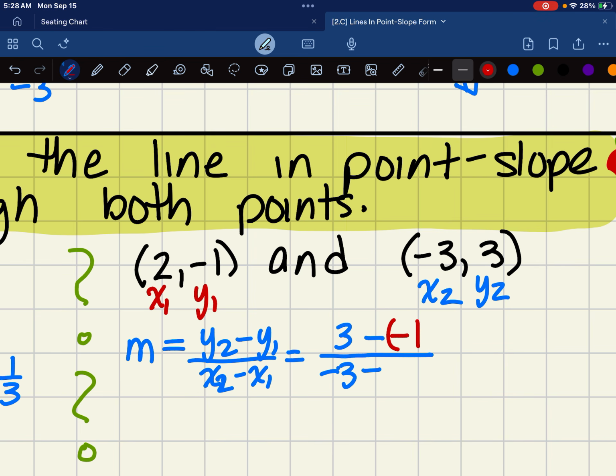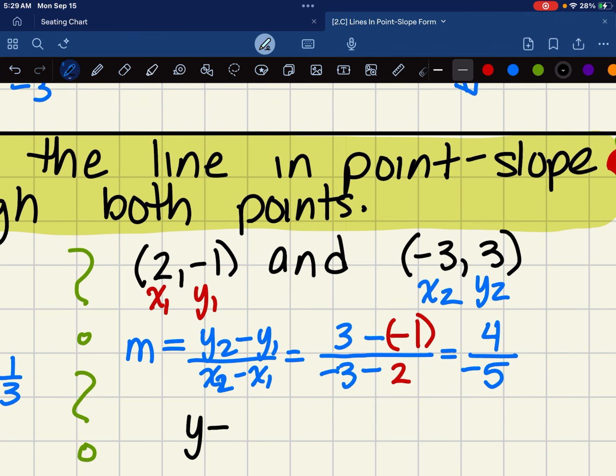The red point I stack on top of itself. Okay, so when I go to subtract across, 3 minus negative 1 is like 3 plus 1. Down below, negative 3 minus 2. Notice that the minuses aren't touching, so I'm not adding. This is like you owe $3 and you borrow $2, so that's negative 5. Now, negative 4/5, that doesn't reduce because 4 and 5 can't be divided by the same number.